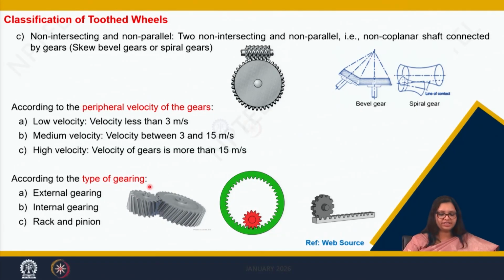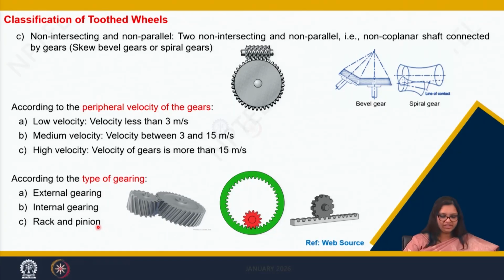Now according to the type of gearing as well, the toothed gears are divided into three categories. One is the external gearing, as we have seen in this case, where the teeth are on the outer surface of the wheels. There can be internal gearing, where the teeth are on the inner surface of the wheel, and then there is one pinion which is rotating on it.